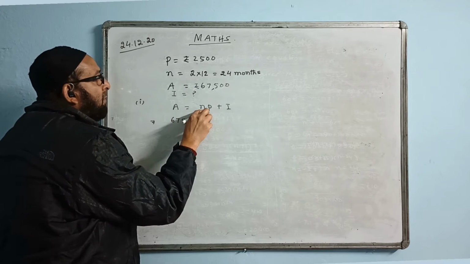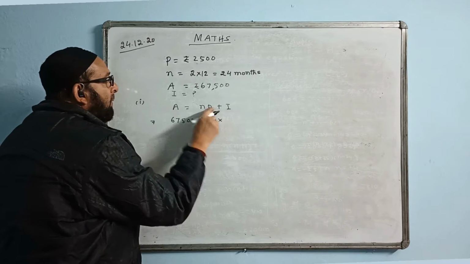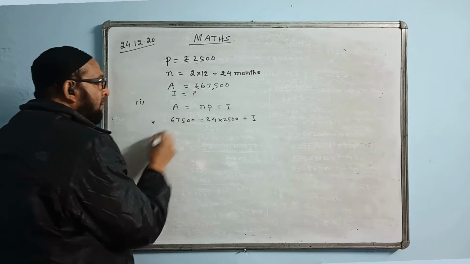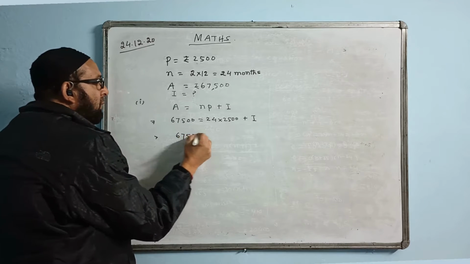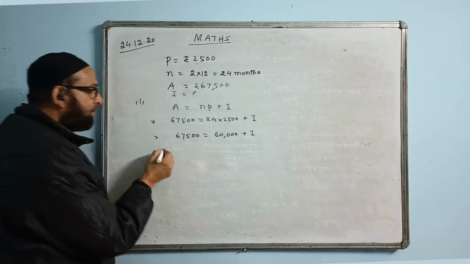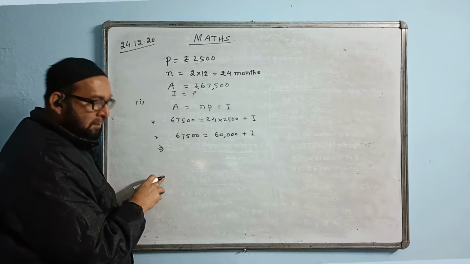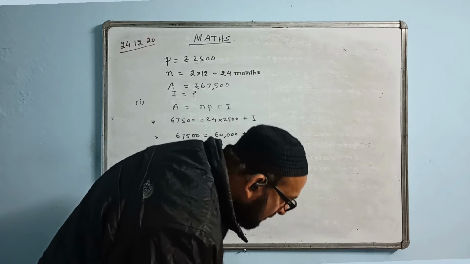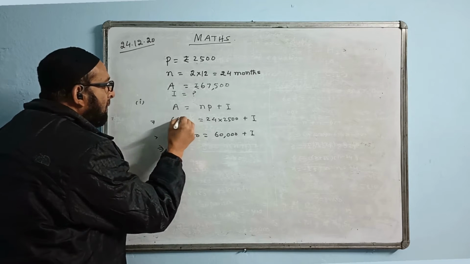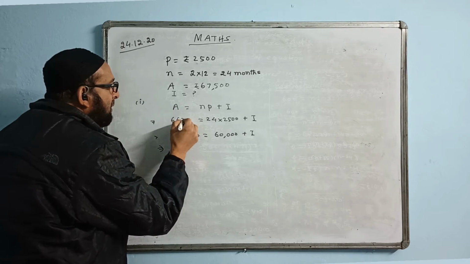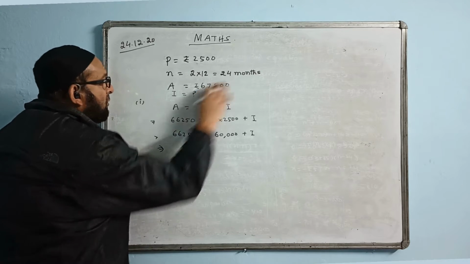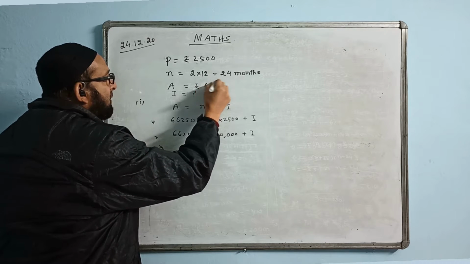N is 24, P is 2500, plus I. Correction: the value is 66250.